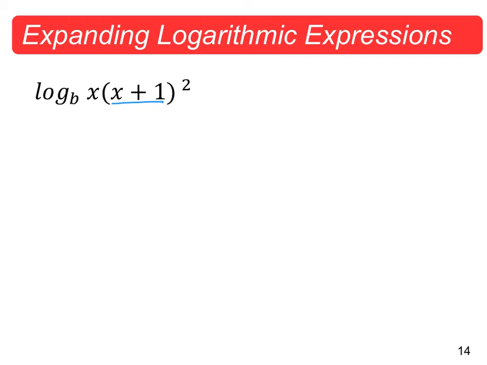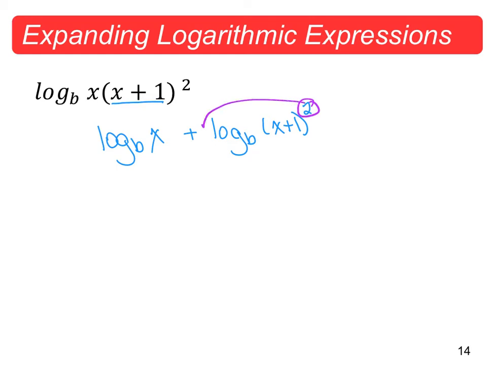So I'm going to go ahead and write this out. I will have log base b of x plus log base b of x plus 1 squared. Now I can use the power rule and put that right there. So I have log base b of x plus 2 log base b of x plus 1.